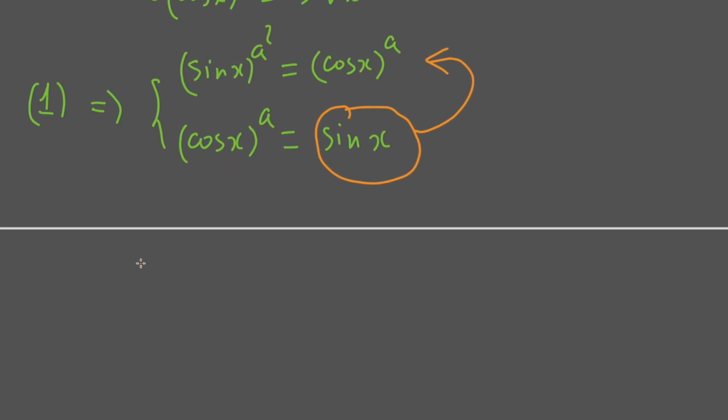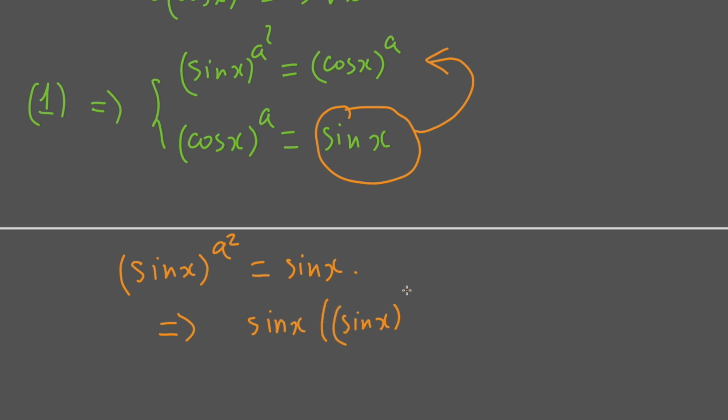Then we have sin x power of a squared equal to sin x. Now we factorize this equation. We have sin x multiplied by sin x power of a squared minus 1 equal to 0.